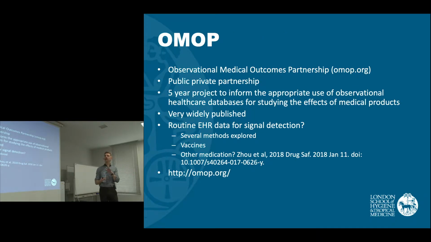I'm not going to go into detail on the methodology, but just to give you a flavour, there's a partnership from a few years ago called OMOP, the Observational Medical Outcomes Partnership, a large public-private partnership that was led out of the US, and it looked at healthcare databases and how we could use them better to study the effects of medicines.